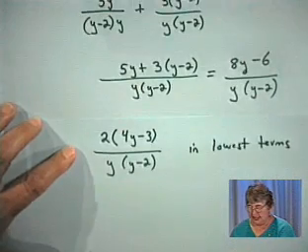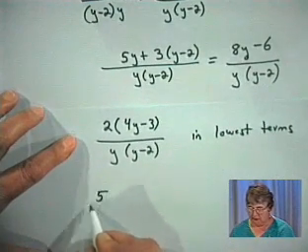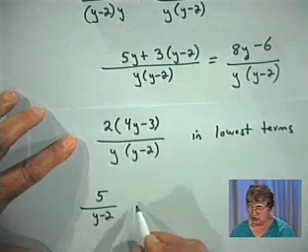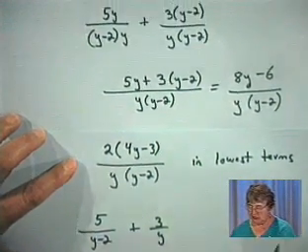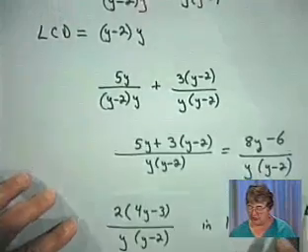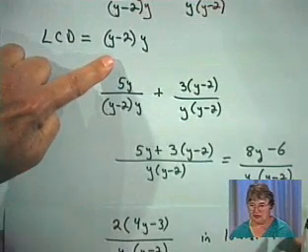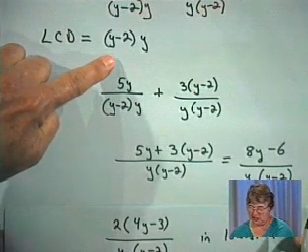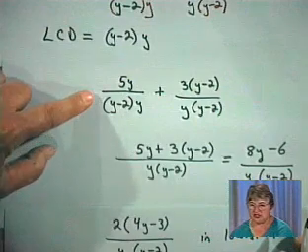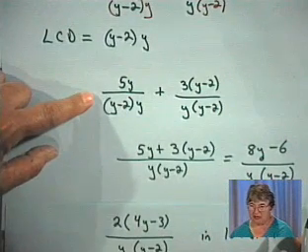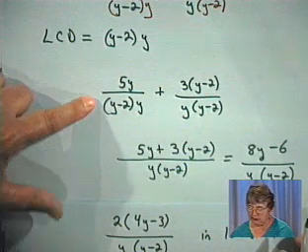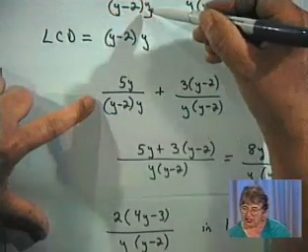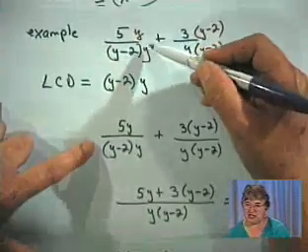So what we did then, we started with the problem 5 over y minus 2 plus 3 over y. First thing we did was to find the lowest common denominator, which in this case was fairly easy. It's y minus 2 times y. We wrote each of the terms of the problem over that lowest common denominator. We multiplied both numerator and denominator by whatever factor we needed.